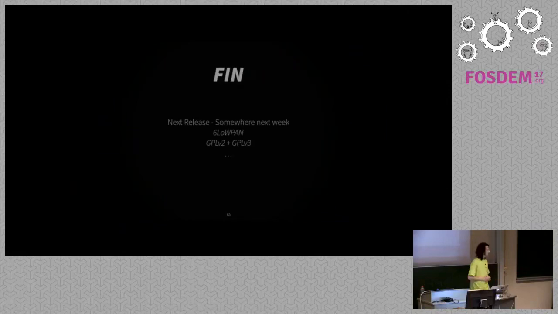Any more questions? I have a question about all the compression schemes you're supporting. There's the old HC1, HC2, there's IPHC. And you're also supporting next header compression? So the question is, there are different compression schemes in 6LoWPAN, like HC1 and HC-UDP in RFC 4944, but they're a little deprecated, so we don't support those.